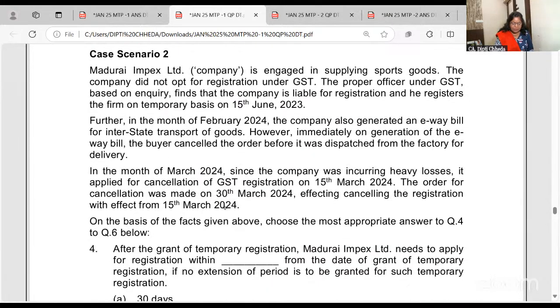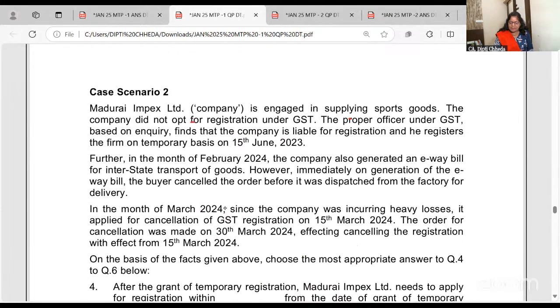Next case scenario. Madurai is engaged in supplying sports goods and the company did not opt for registration. The proper officer under GST, based on inquiry, finds that the company is liable for registration on a temporary basis on 15th of June. Okay, so for temporary, within 90 days or 3 months you have to get the permanent registration also, right?